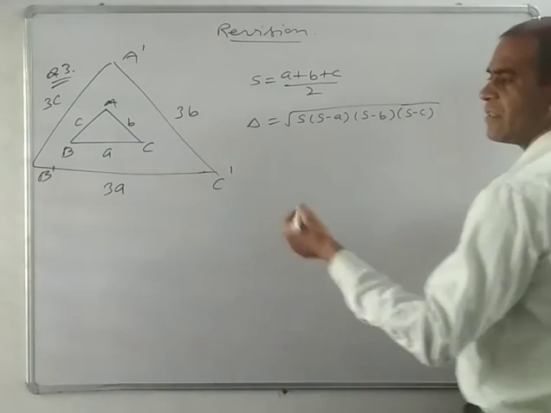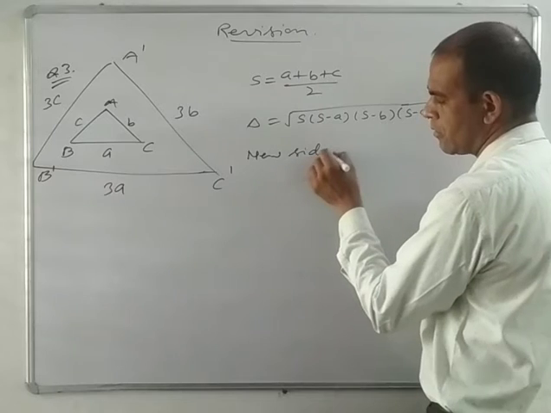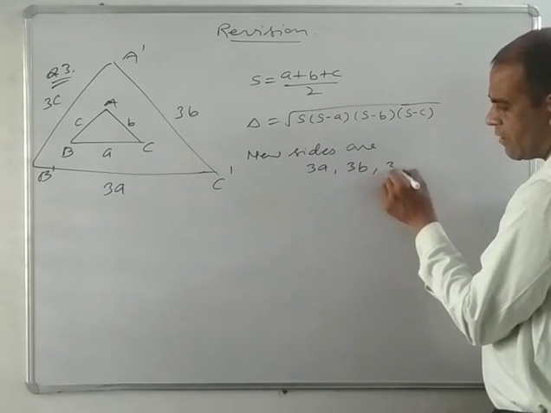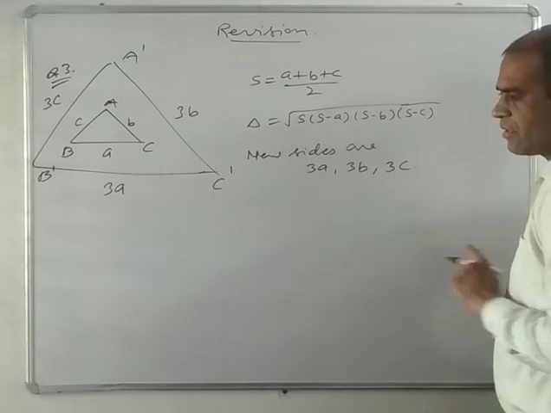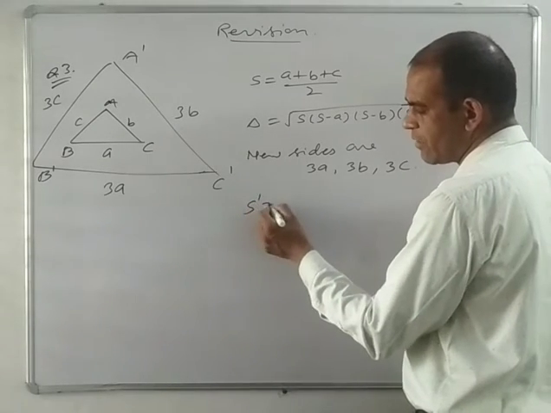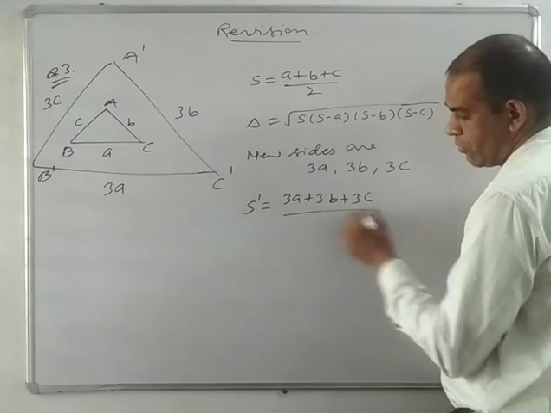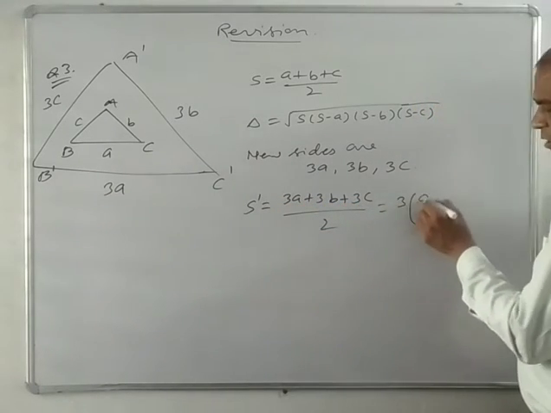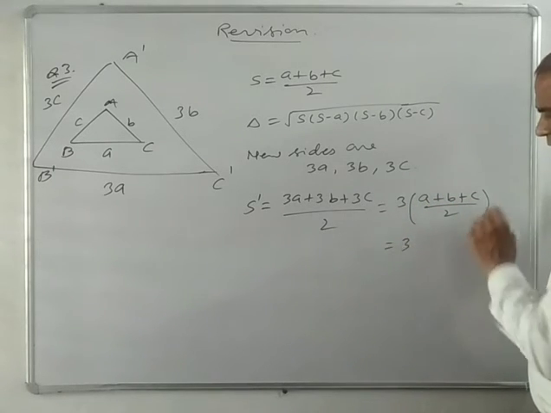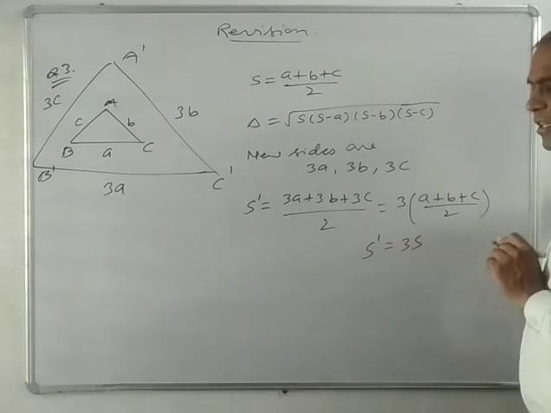If each side is tripled, then the new sides are 3a, 3b and 3c. So its semi-perimeter is 3a plus 3b plus 3c upon 2. 3 is common, and a plus b plus c upon 2 is s. So the semi-perimeter is also 3 times.